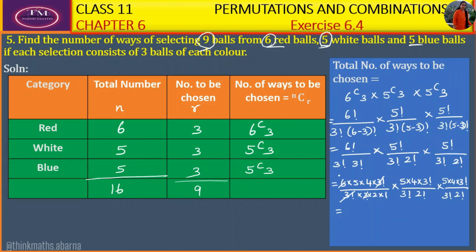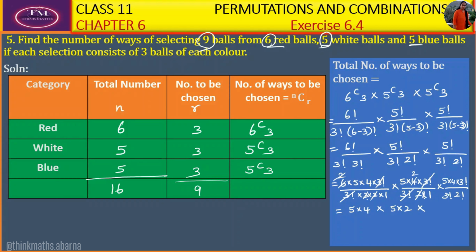3 2s are 6, the 6 gets cancelled. So you have 5 into 4. So first part it is 5 into 4. Next, 3 factorial gets cancelled and 2 factorial is 2 into 1. So 1 2 is 2, 2 2s are 4. So 5 into 2.